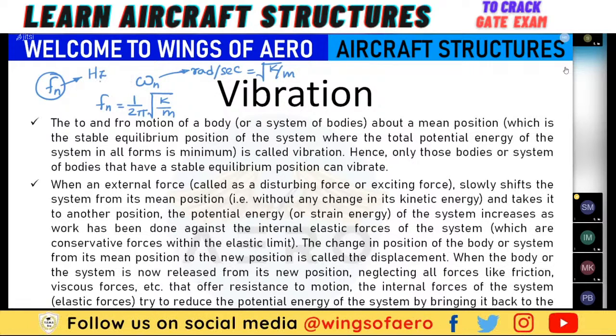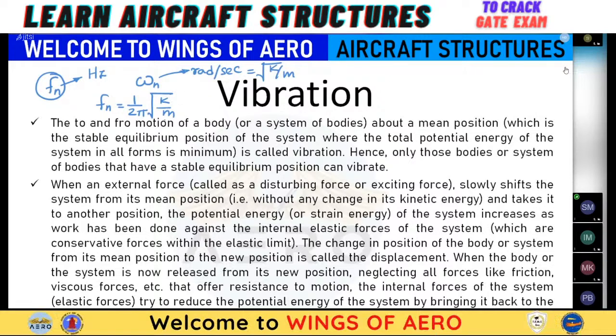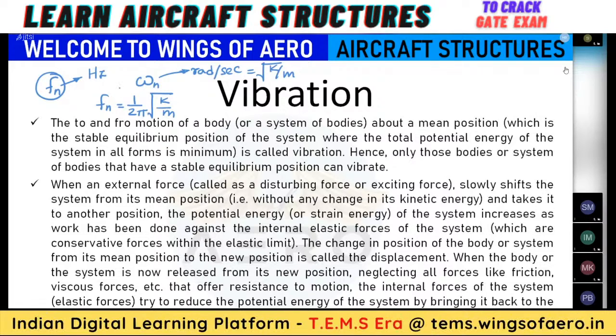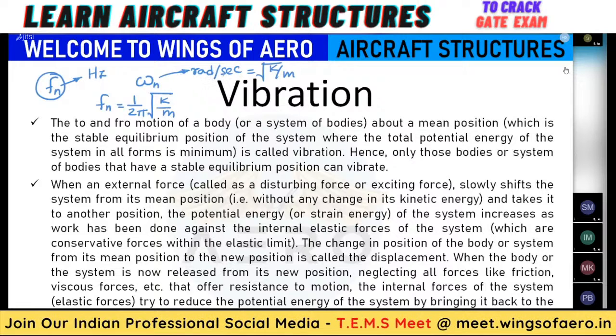So here you have to be very careful with the units, and understand from the unit what kind of quantity they are asking you to find, whether the natural frequency in terms of hertz or in terms of radian per second.